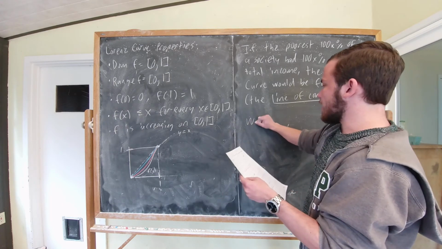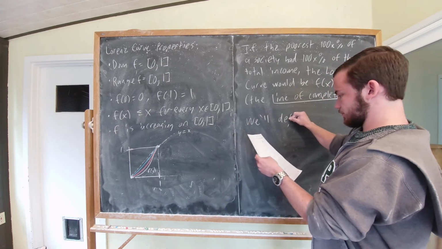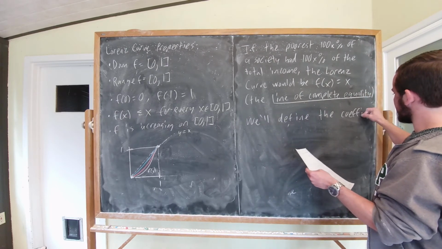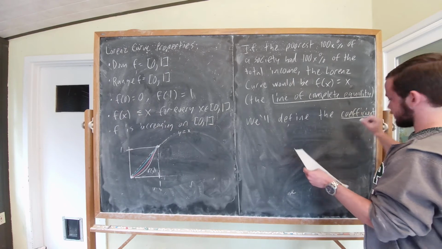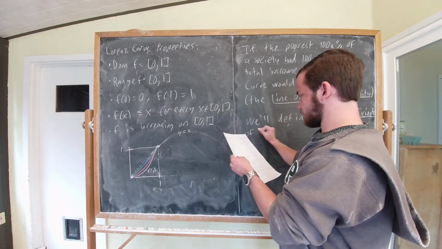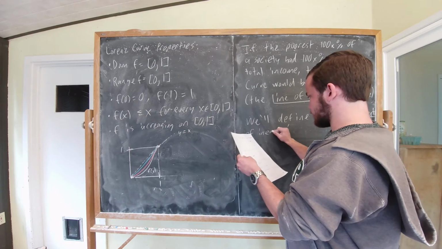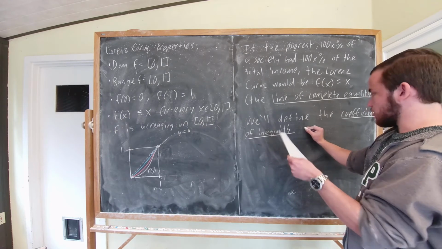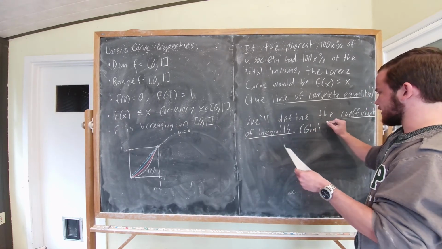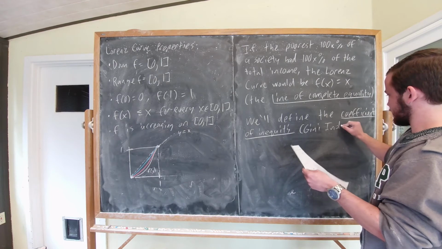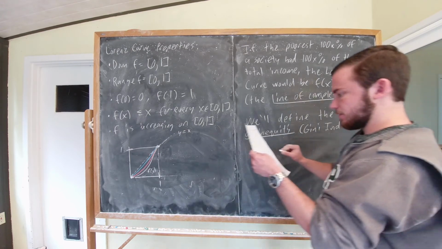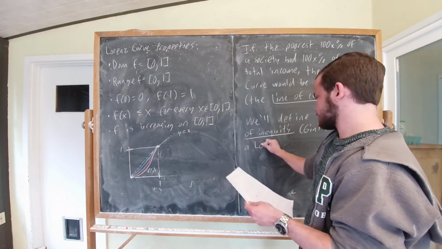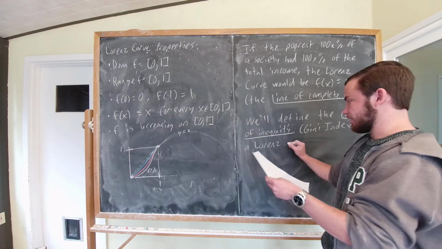So we'll define the coefficient of inequity, which is also known as the Gini index. So it's going to be the coefficient for a given Lorenz curve, which represents a given society.